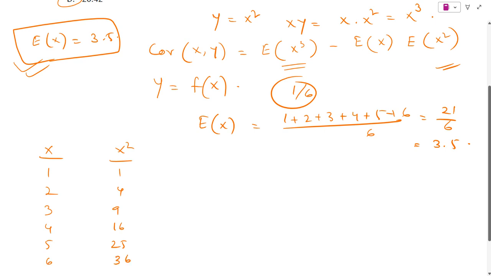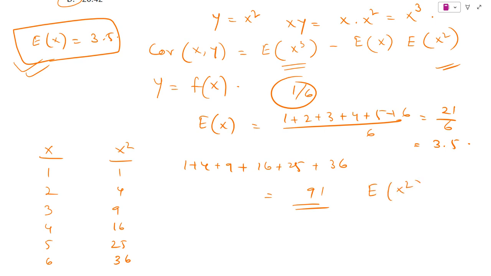Now add them: 1 plus 4 plus 9 plus 16 plus 25 plus 36. This is 91. So E of X square is 91 by 6, which is approximately 15.1667.